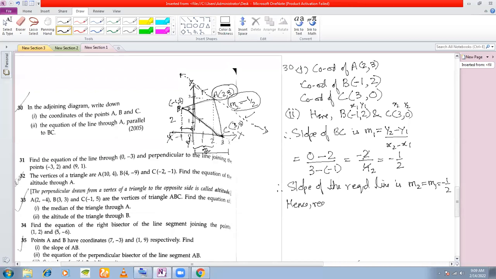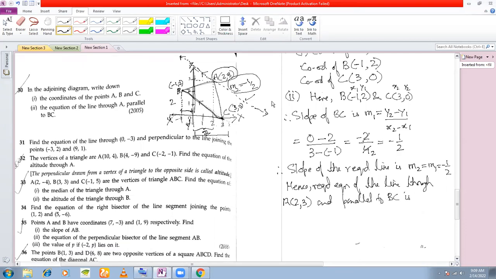Hence, the required equation of the line through A, 2, 3 and parallel to BC is, consider this as your x1, y1.